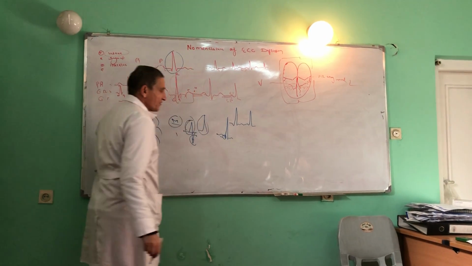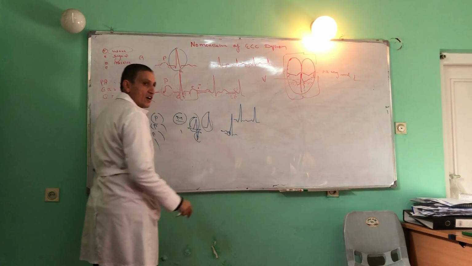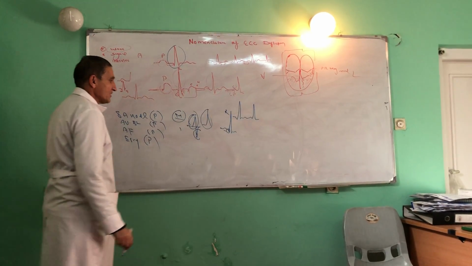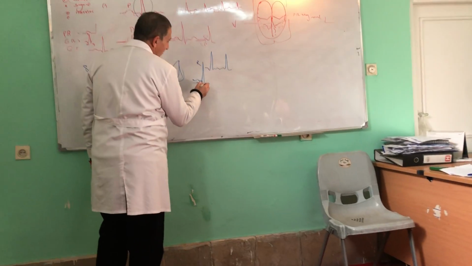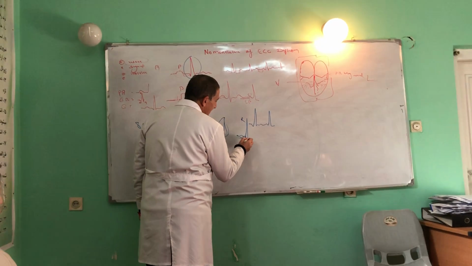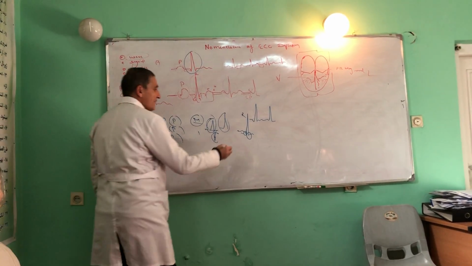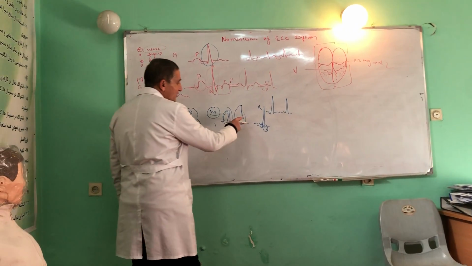The largest wave which comes after the small negative wave is called the R wave, which represents major ventricular depolarization. After this large R wave, we have a small negative wave. This small negative wave which comes after the R wave is called the S wave. So this was the assigning of the QRS complex.